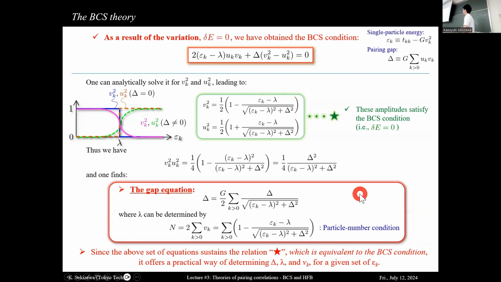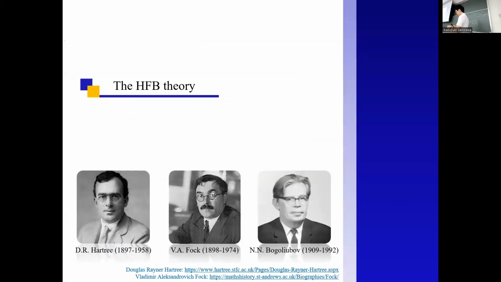But we can actually develop a more self-consistent framework to describe not only the single particle states, but also the pairing properties within a single framework. It is the so-called Hartree-Fock-Bogoliubov theory, HFB theory, or in the case of condensed matter physics, it is known as Bogoliubov-de Gennes theory. So they are Hartree-Fock and Bogoliubov.